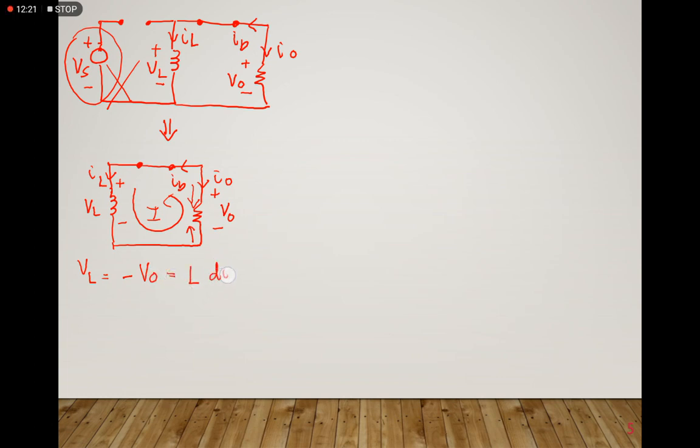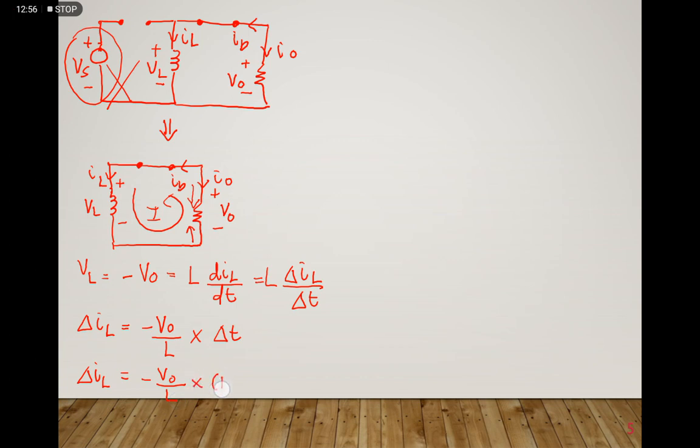So L di over dt, and then we replace by delta IL over delta T. So your delta IL will be equal to negative V0 over L multiplied by delta T. So delta IL when your switch is off will be equal to negative V0 over L multiplied by (1 minus D) times T. So you get the second equation when your switch is off.